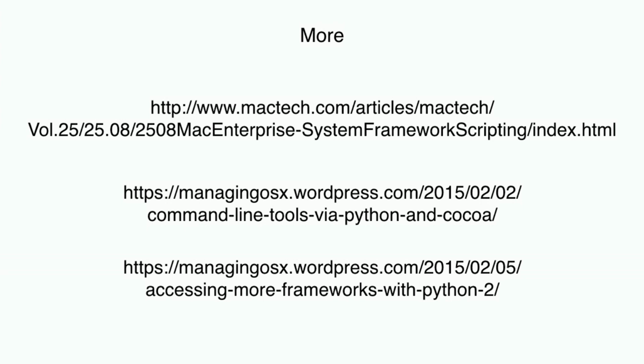You have to create the layout of your dialog box using Interface Builder in Xcode, but then you can control that and get information from it using Python. So check that out. And there are more links about building command line tools and even Python applications on MacTech and in some of my blog posts. Again, a lot of this is linked in that document.